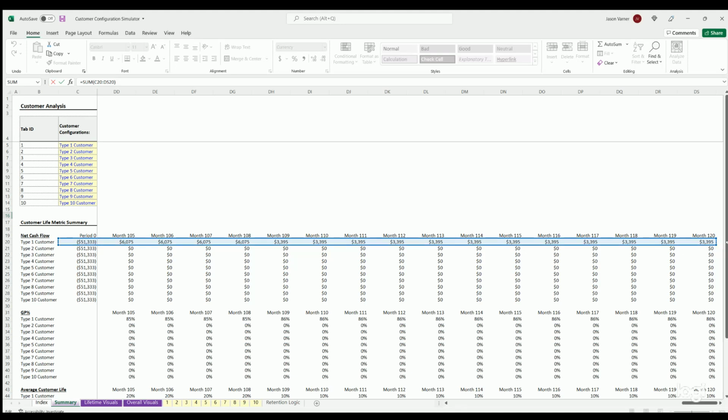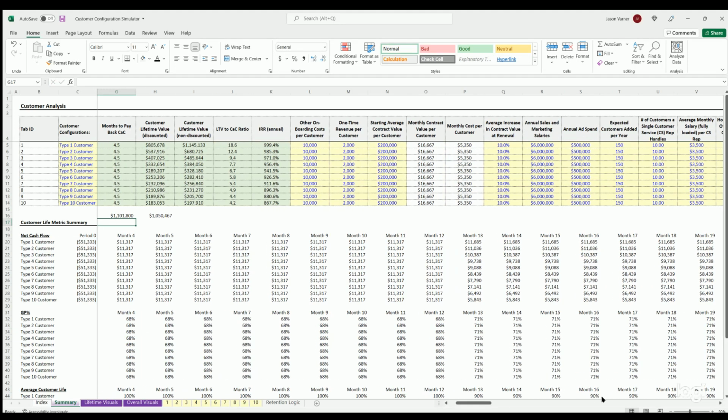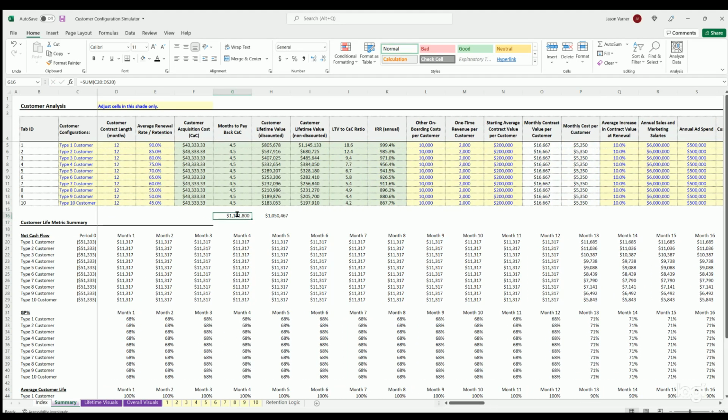No. So that's all the cash flows, and then we take all those cash flows minus CAC. And then the difference between these two. Wait, what am I doing? What am I missing here? Let me try to sum this up again.